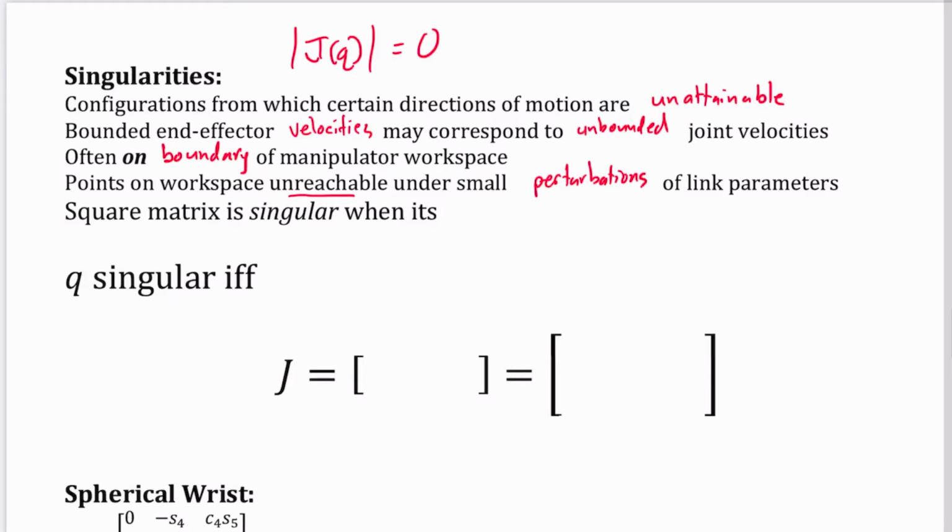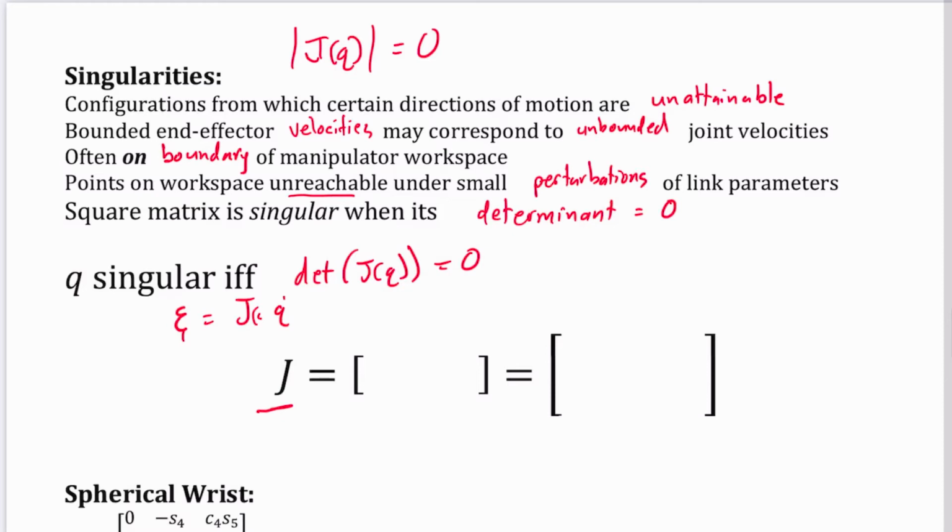So remember, our square matrix is singular when its determinant is equal to 0, which we can write as the determinant of J of q is equal to 0. One of the things that we can do is take our Jacobian. Remember, this Jacobian gives us psi equal to Jacobian times q dot.